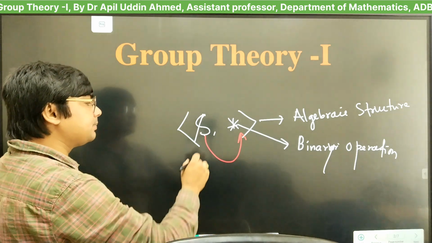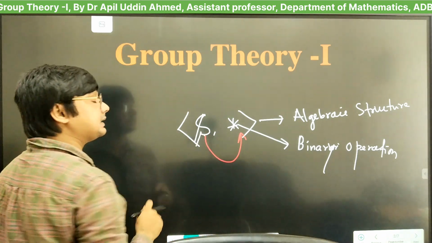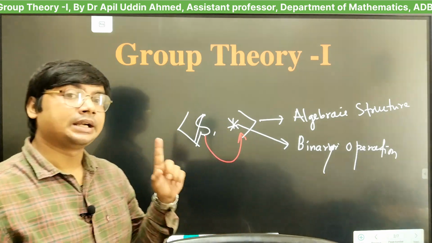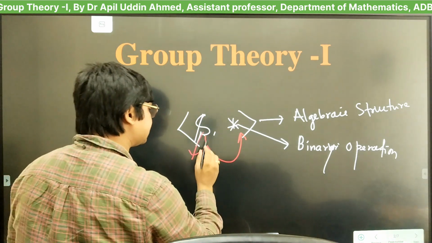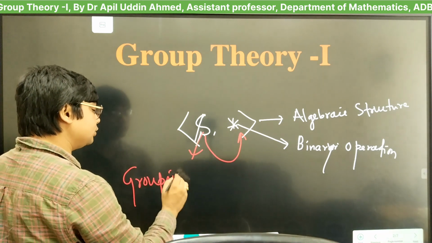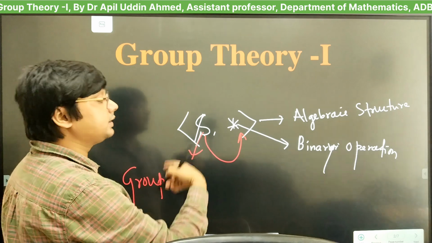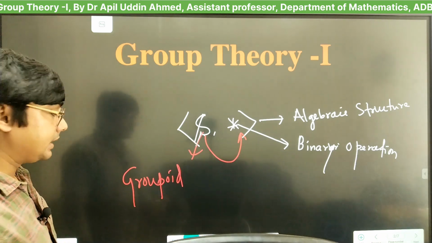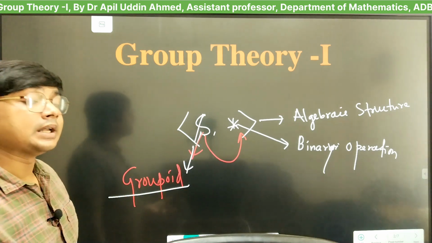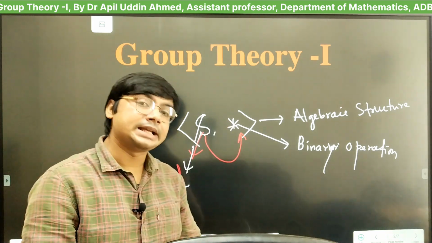And suppose this set S is closed with respect to the binary operation star, then we call this S a groupoid under the operation star.